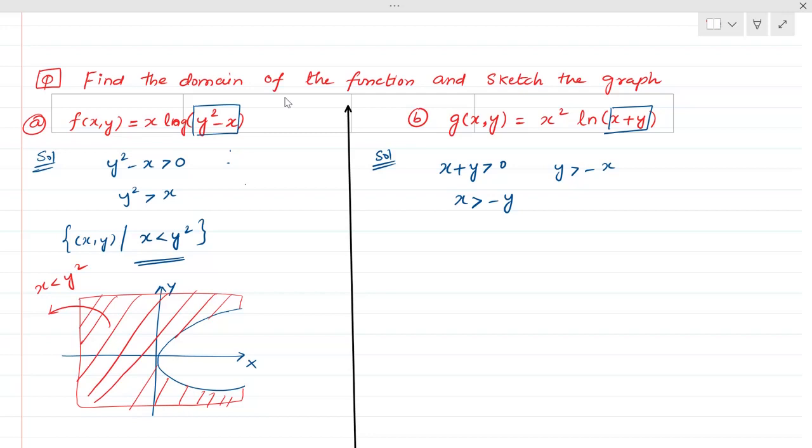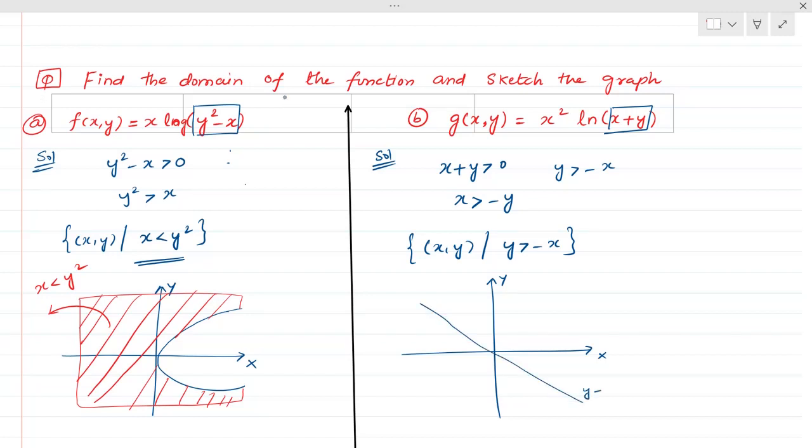If you draw the graph of this, I write the domain: (x, y) given y is more than minus x. So this is the x-axis, this is the y-axis, and the line goes diagonally to the opposite side.